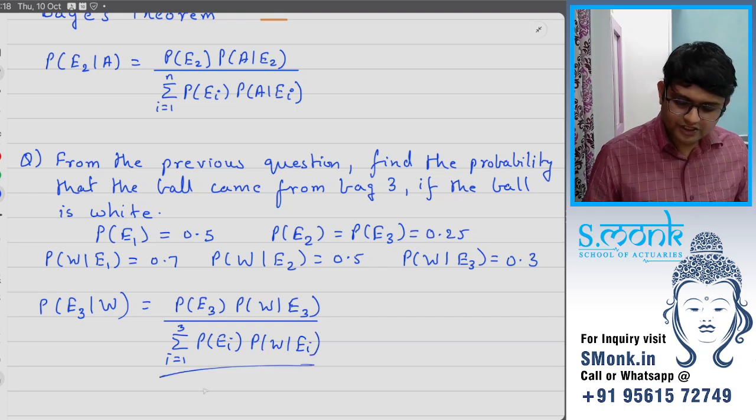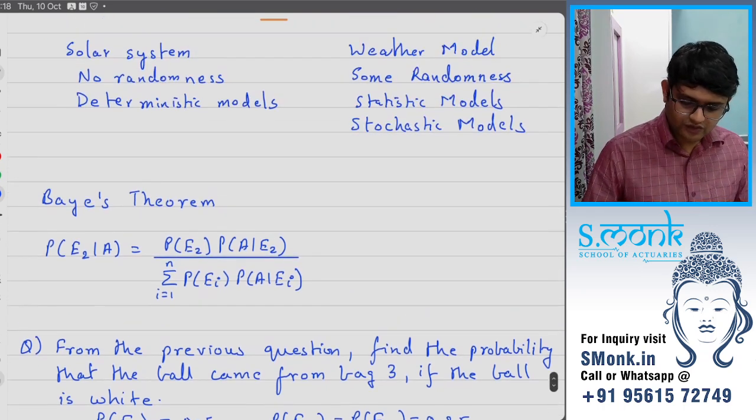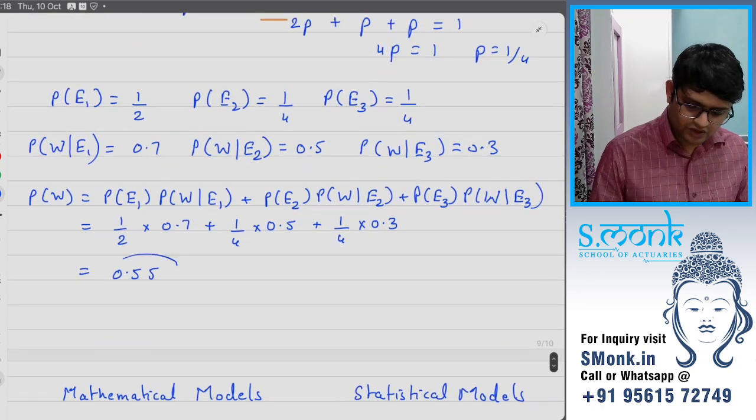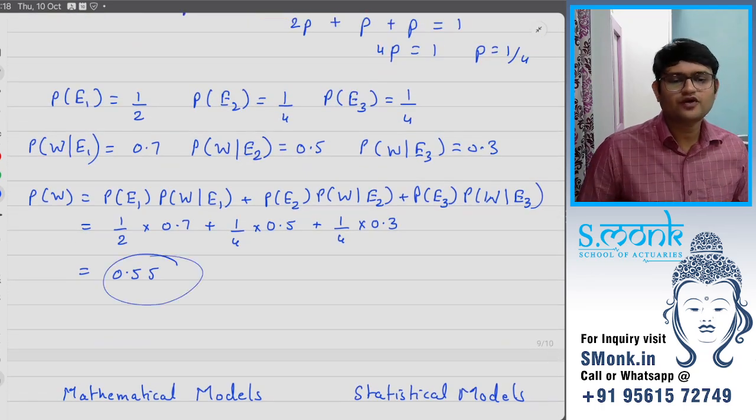Now this was nothing but the law of total probability, and we did calculate that here. The law of total probability said it was 0.55.